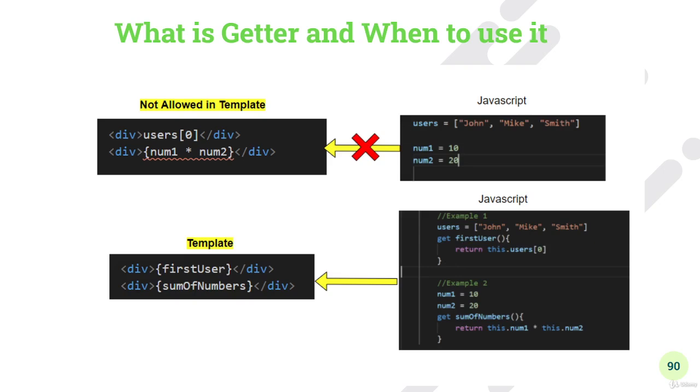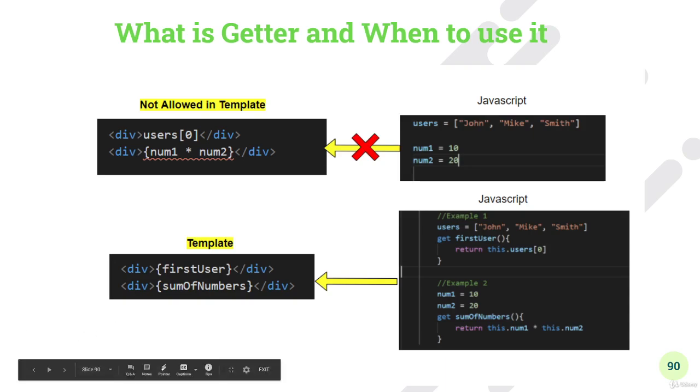If you append the get keyword in front of a method, it becomes a getter, and a getter always returns something. So remember: a getter is a method prefixed by the get keyword, it always returns something, and it is used to show manipulated or updated data on the screen. Let's go to our code and try to understand the getter.